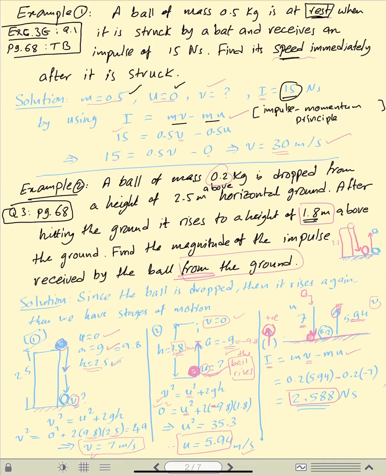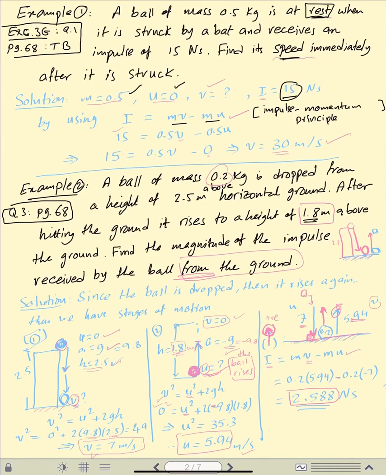When it rises again, it is 5.94 meter per second. What does he want here? We said direction is important. Stating the direction in these questions is very important. So the impulse from the ground on the particle, on the ball, is in this direction. So the I that I'm calculating is in this direction.